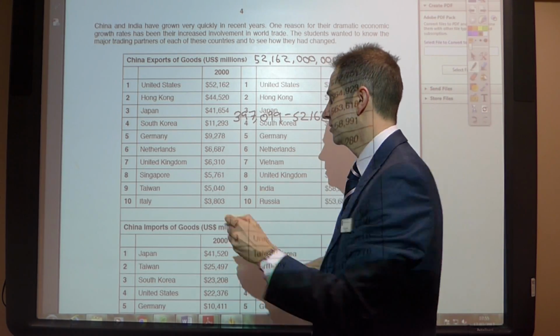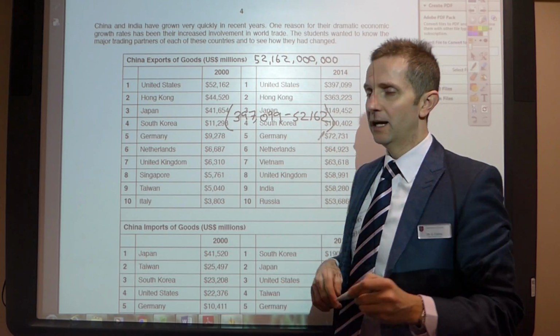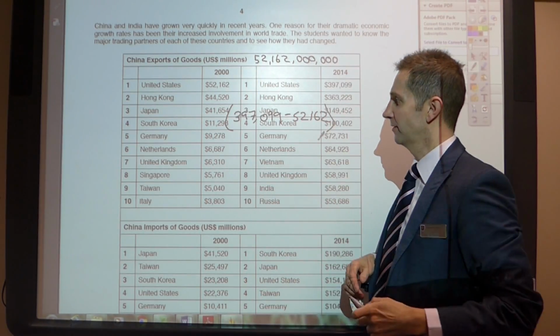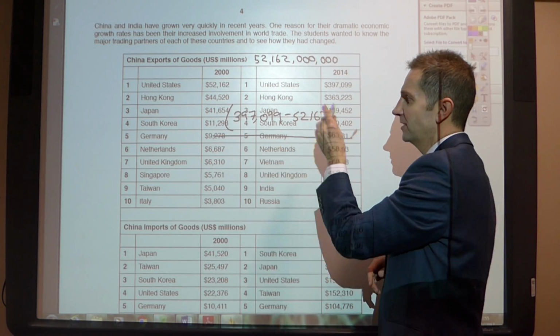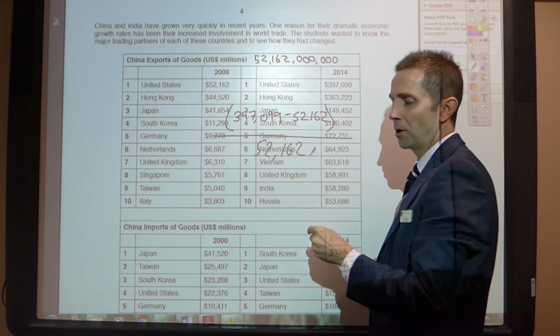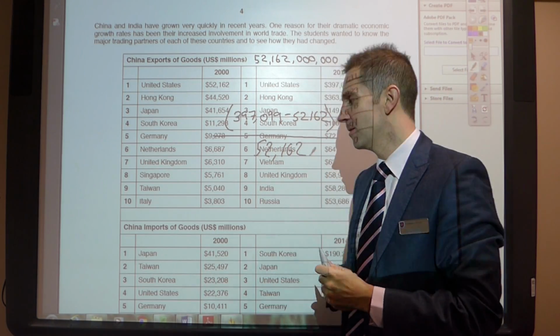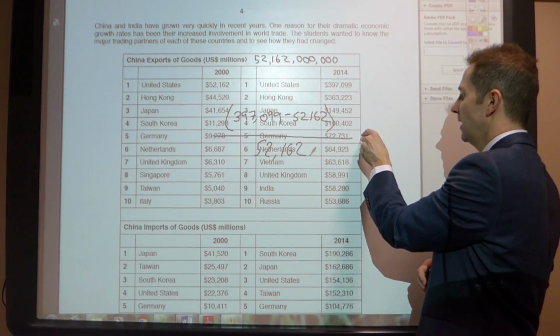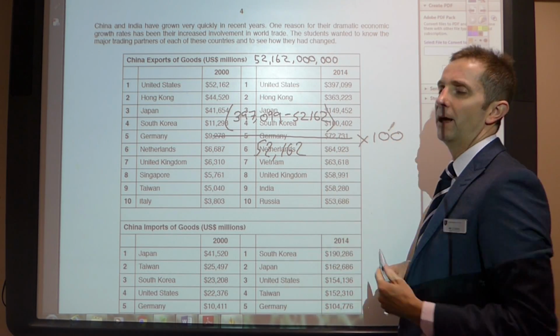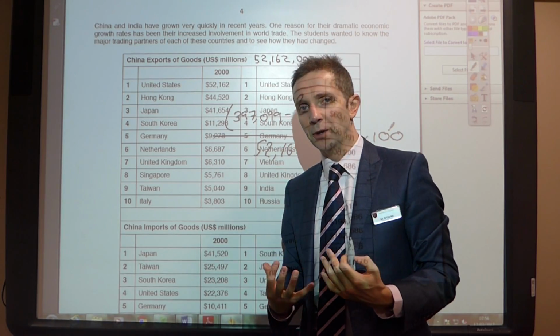So that would obviously get us the increase from 52 to 397. And then we would be dividing that by the original number, which is 52,162, because we're trying to work out how many times greater it is than the original. And then we multiply by 100, and that will put that into a percentage for you.